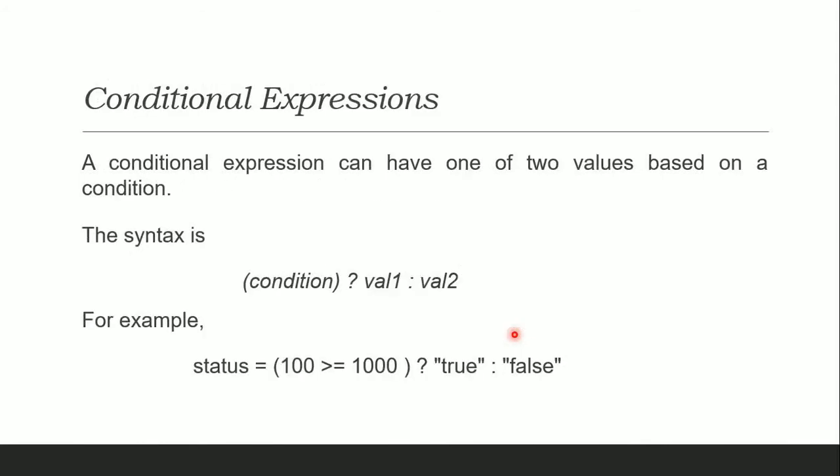We have a conditional expression that takes this form. You have a condition that is tested; when it's true, the first part is executed. When it's false, the second part is executed. For example, this talks about the status: is 100 less than or equal to 1000? That is false.